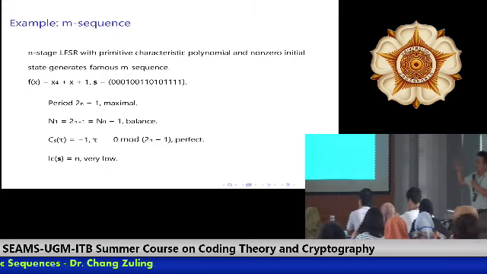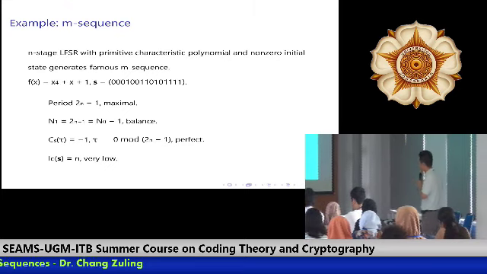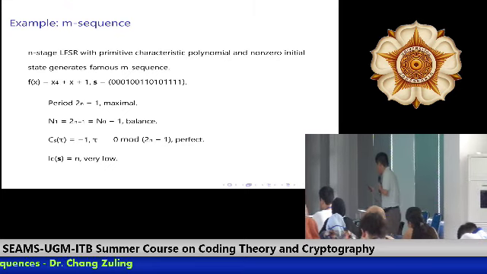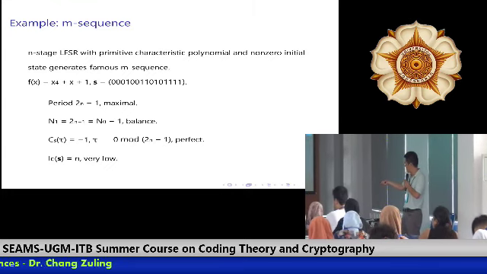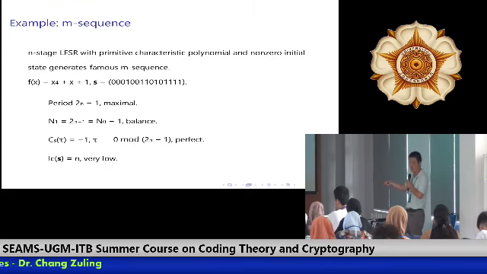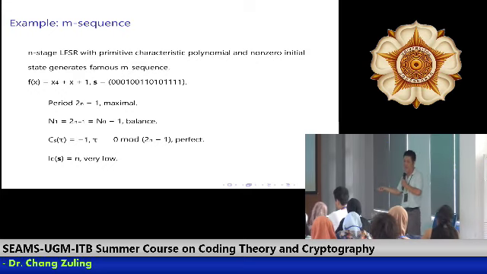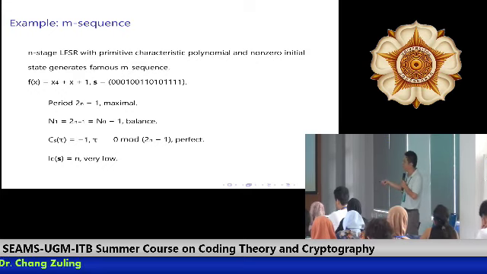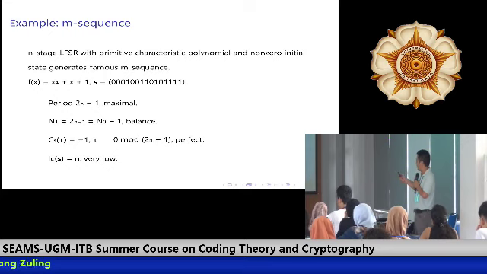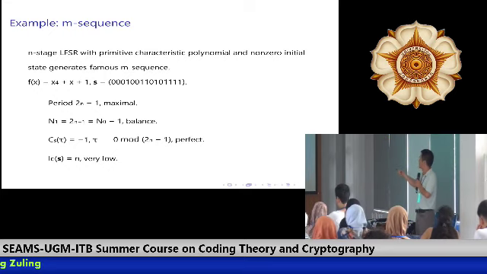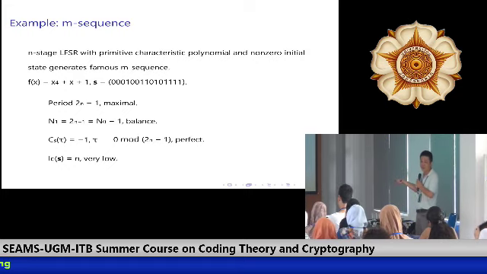It has a good correlation property, but its linear complexity is very low, just n. Compared to the period, it's fairly small. So this sequence is very good in communication, bad in cryptography.